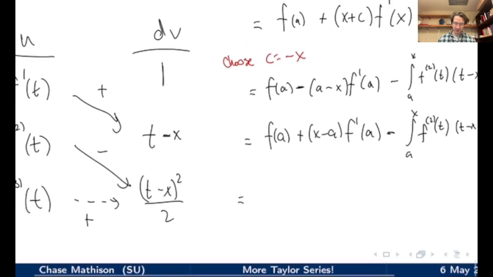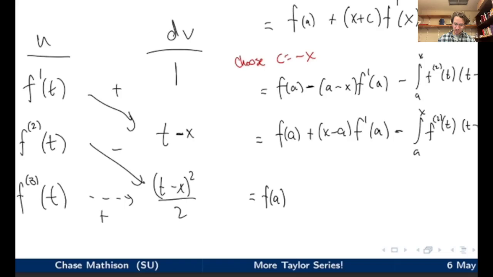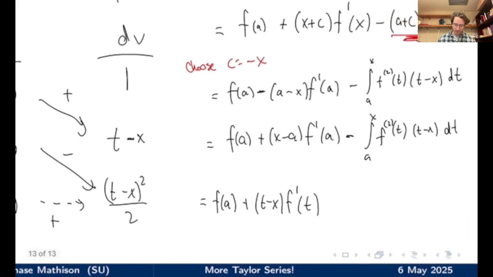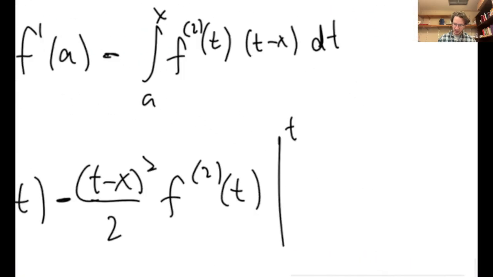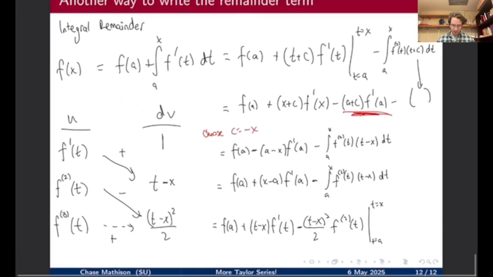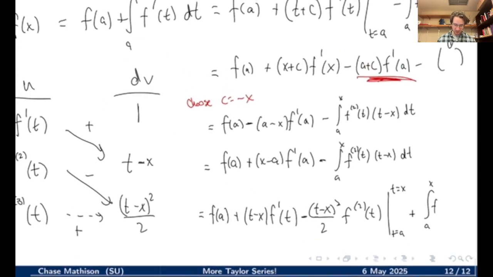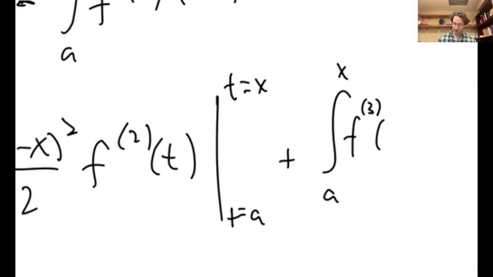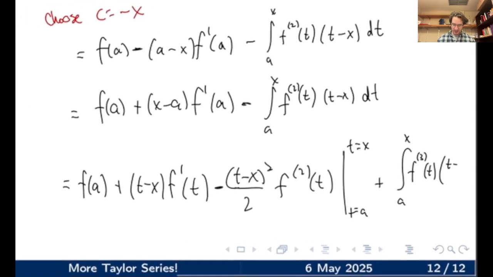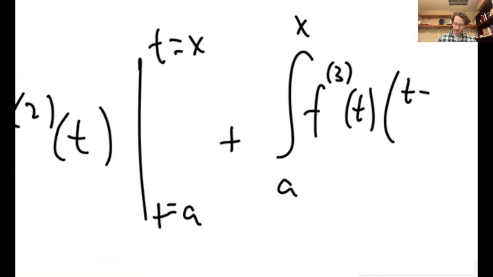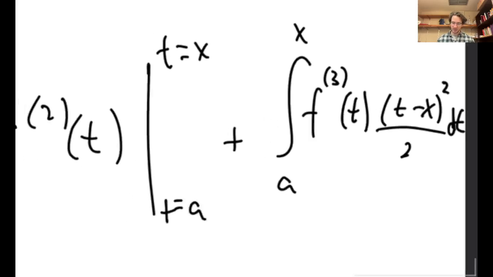And so we also get that this looks like f of a plus t minus x times f prime of t minus t minus x squared over 2 times f double prime of t, all evaluated at t equals x and t equals a, and then plus the integral from a to x of f triple prime of t times t minus x squared, sorry, divided by 2 dt. Right?